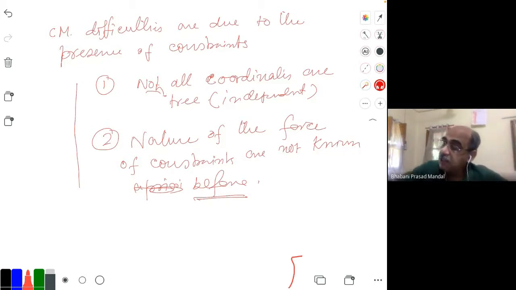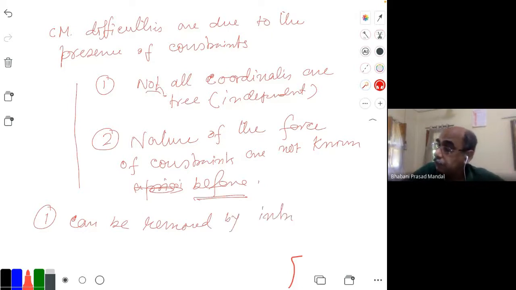So this first difficulty can be removed by introducing the concept of generalized coordinate.